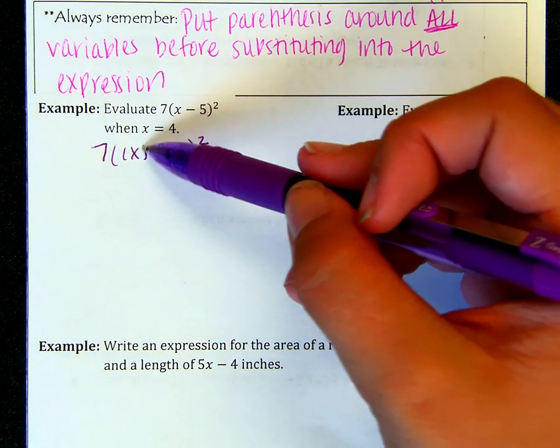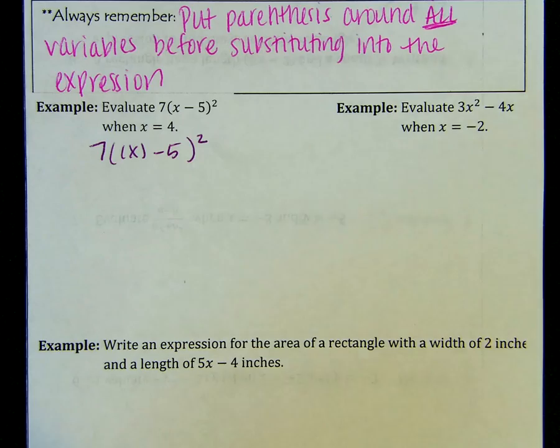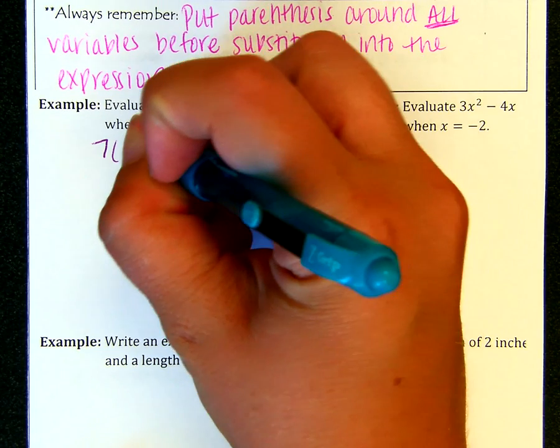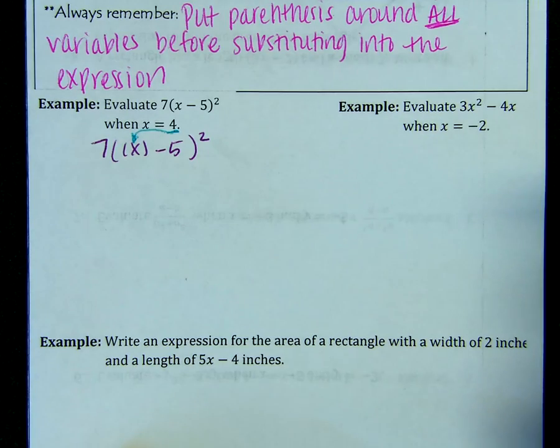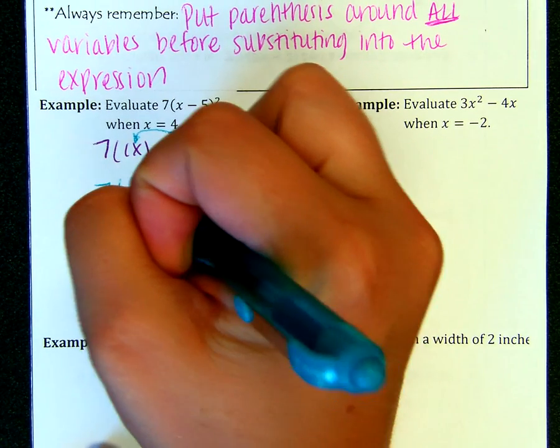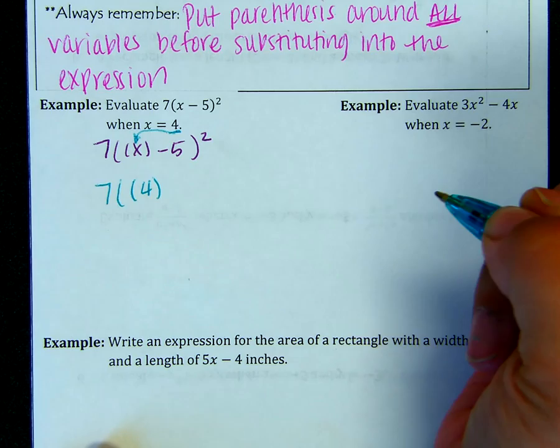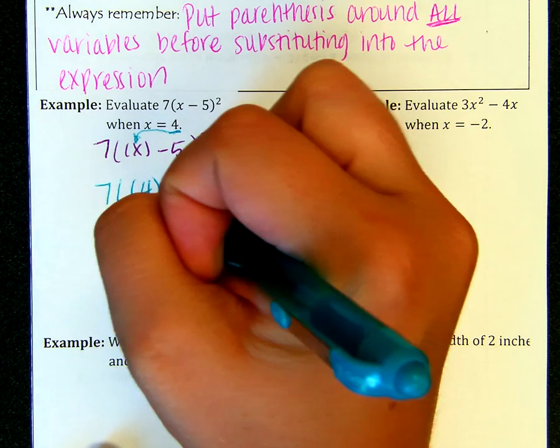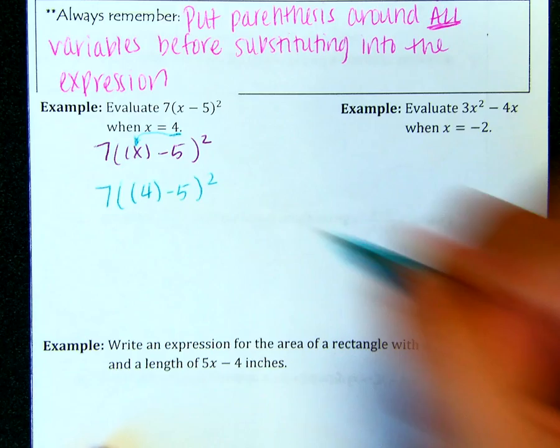Your variable is what you're plugging that 4 in for. So this 4 gets plugged in to x. Now we rewrite it as 7 times (4 minus 5) squared. Do not get rid of your parentheses.